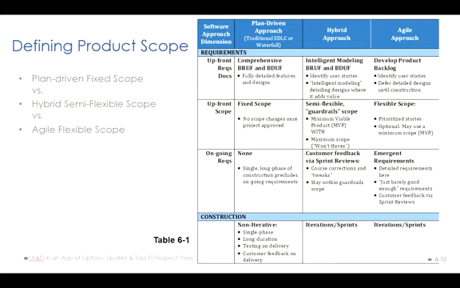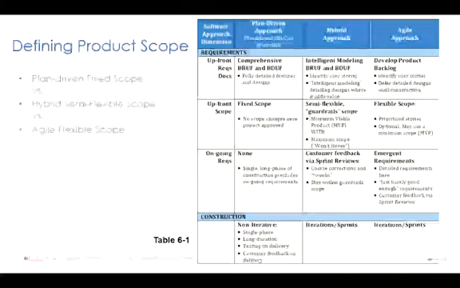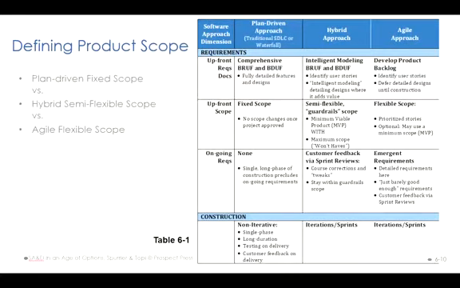Let me use two analogies to explain the thing called the product backlog. First of all, at the personal project management level, imagine yourself, actually I do this a lot. There are a few management trade books or popular best-selling books talking about how you manage your personal time, doing time management, that sort of thing. One of the important skills in personal time management is to create what we call the to-do list.